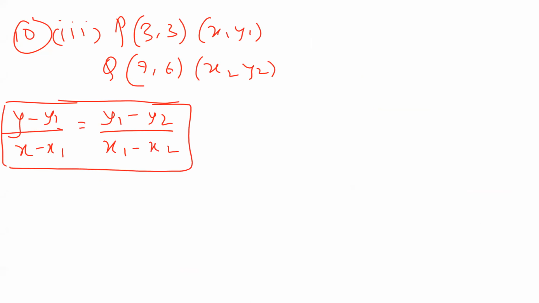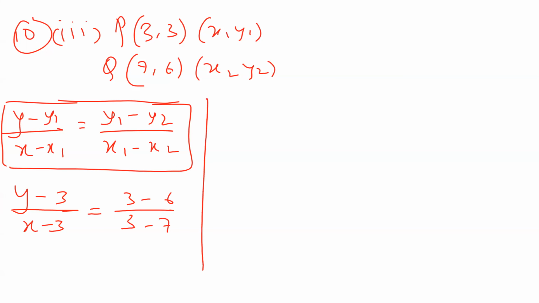By 2 point formula, we have written this. So y minus 3 upon x minus 3 is equal to 3 minus 6 upon 3 minus 7. So y minus 3 upon x minus 3 is equal to minus 3 upon minus 4, which is 3 by 4. Let's do cross multiplication.